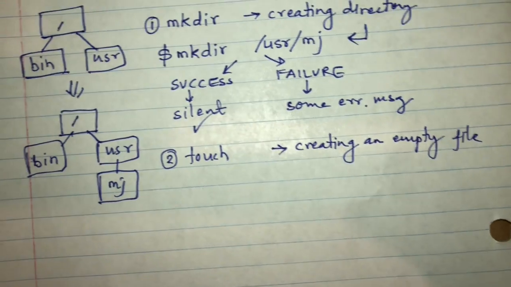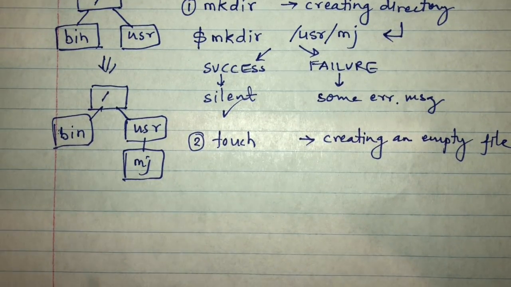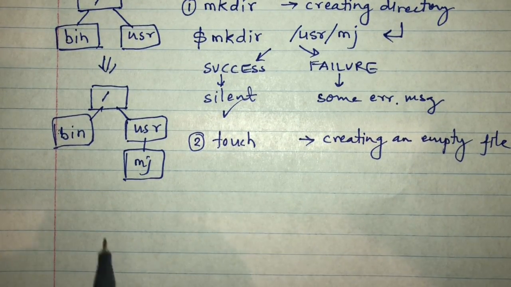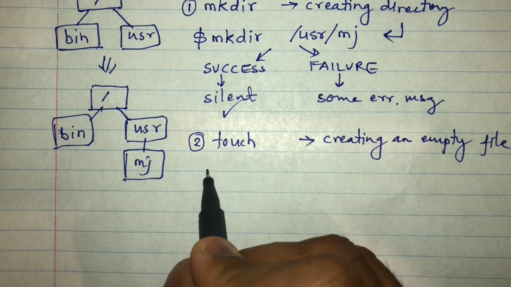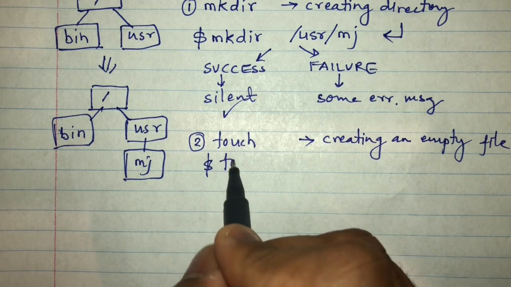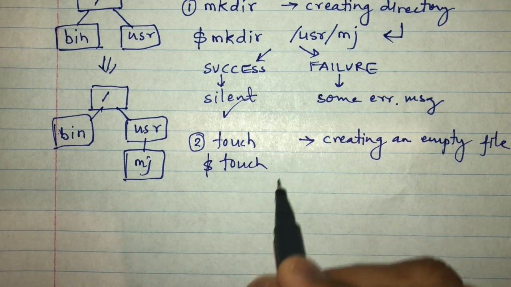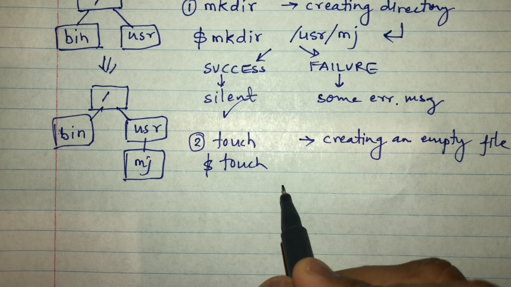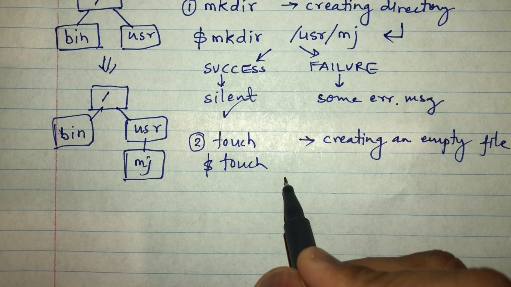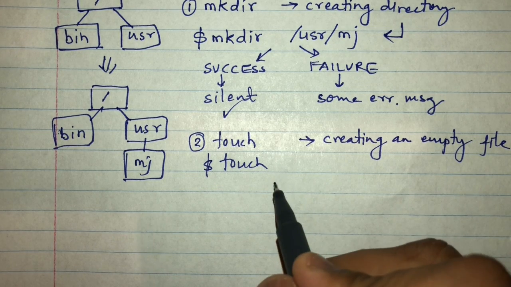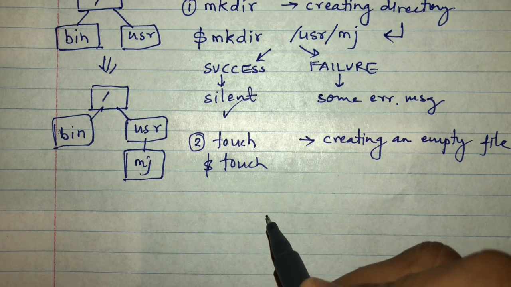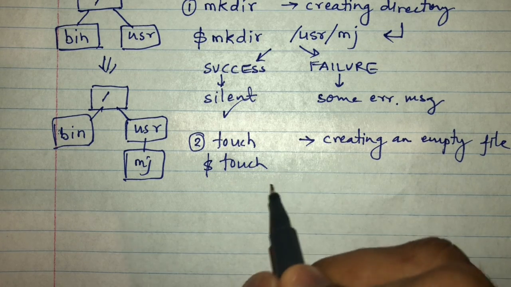So what I mean by empty file is the file will be created, but it will not have anything inside of it. So let's say if I run this command touch, and I'm going to use absolute path all the time because that way it will give you a better idea how the command runs and works. We will use relative path when we'll see cd and ls commands.